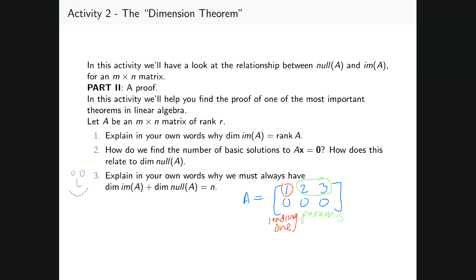So if we have a matrix that's m by n, then every column is either contributing to the dimension of the image or it's contributing to the dimension of the nullity. Every leading one gives a basis element of the image.